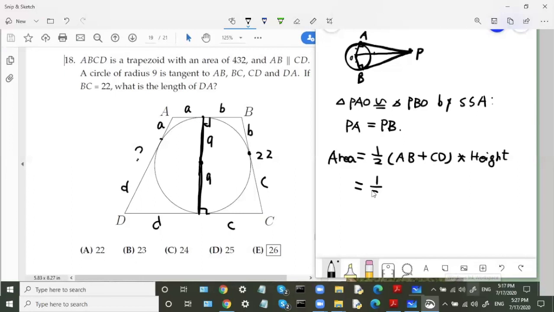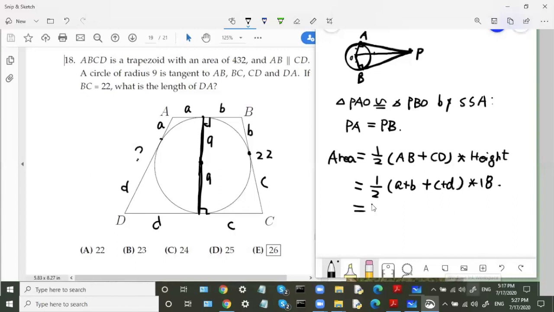So we have 1/2 times AB, which is a plus b, plus CD, which is c plus d, times 18.